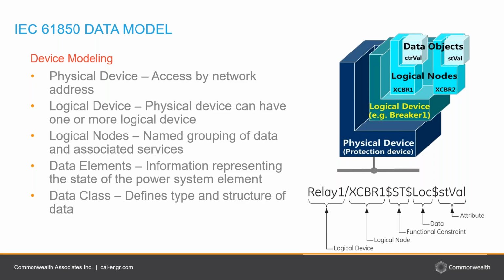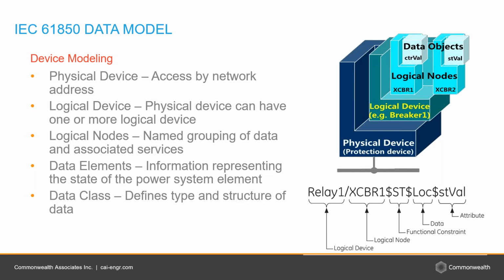Now, these data elements conform to something called the common data class, which is detailed in part 7 of the standard. The common data class describes how the data should be structured in the logical node. So it describes the type and structure of the data. The common data class will again have a data attribute name, attribute type, and its functional constraint.